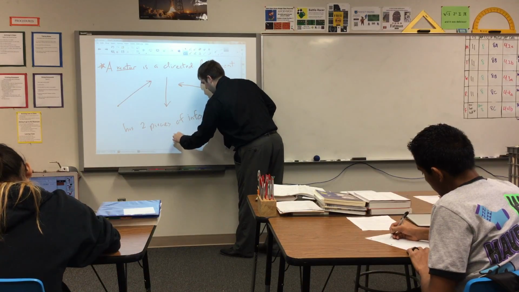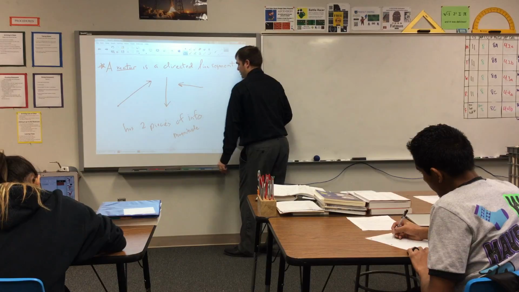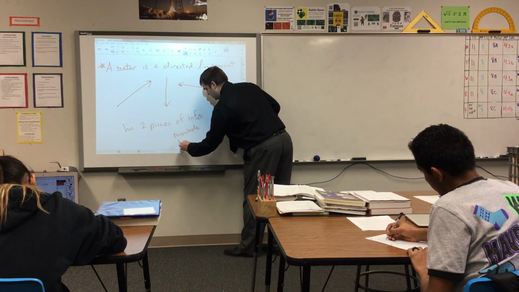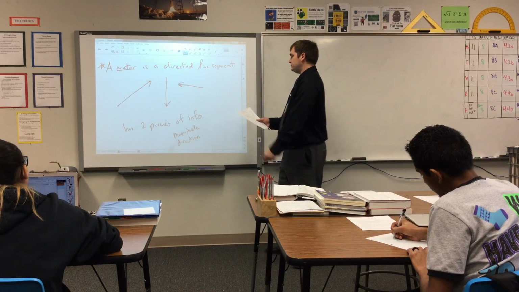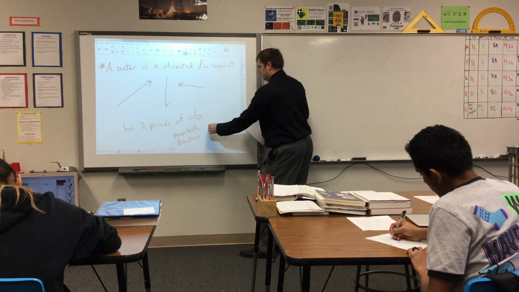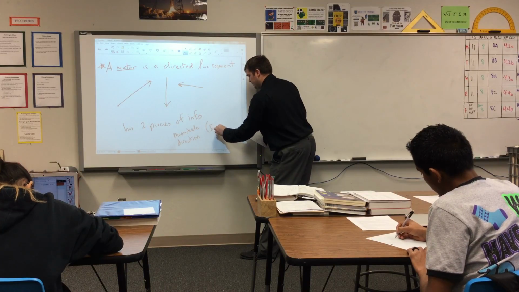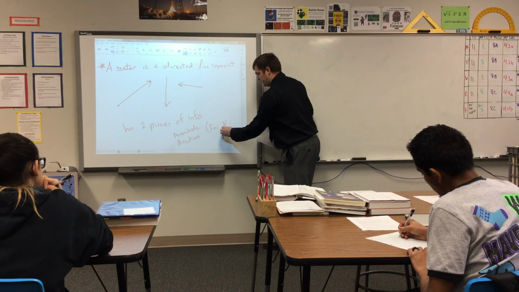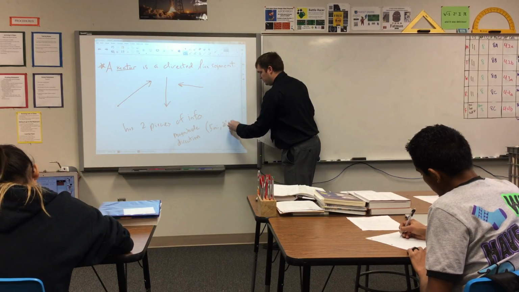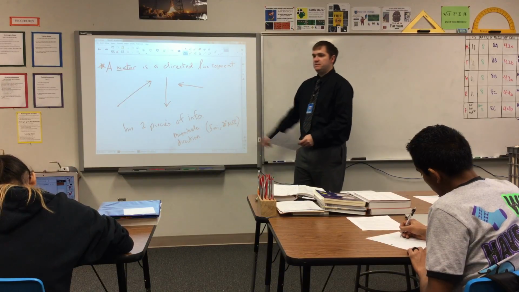Magnitude is a fancy math word for size. Magnitude and direction. For example, this is an actual vector here. Parentheses, 5 miles, 20 degrees north of east. That's a vector.